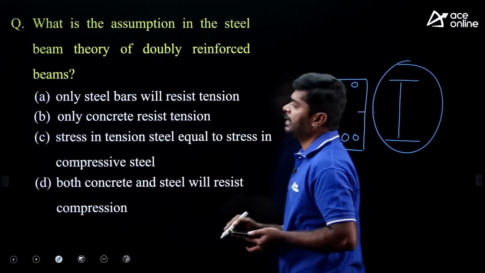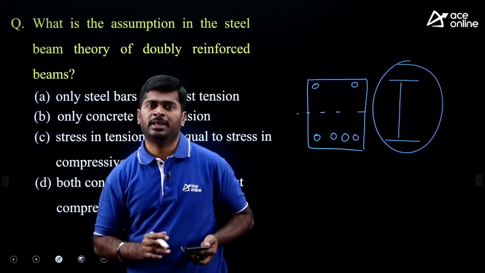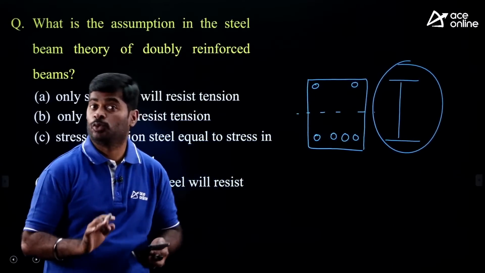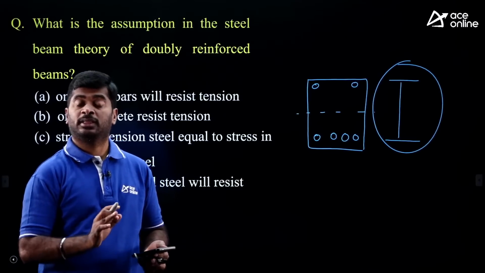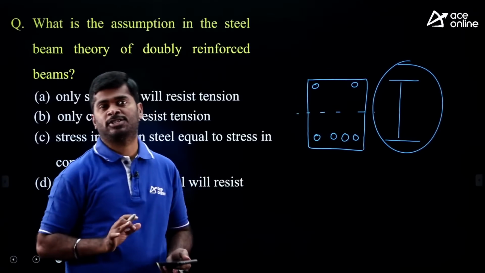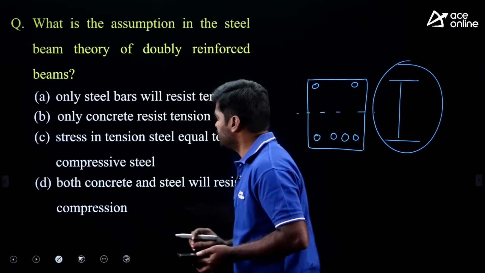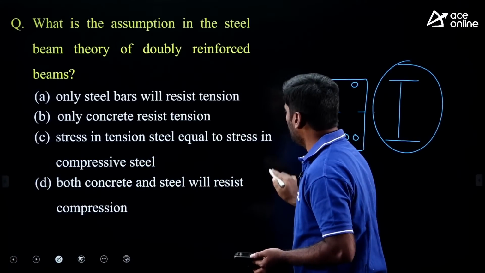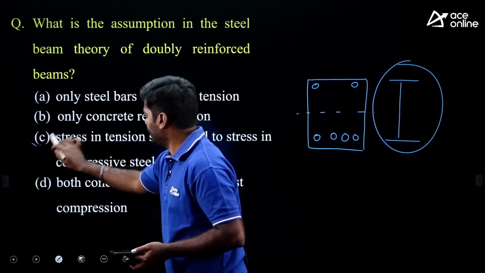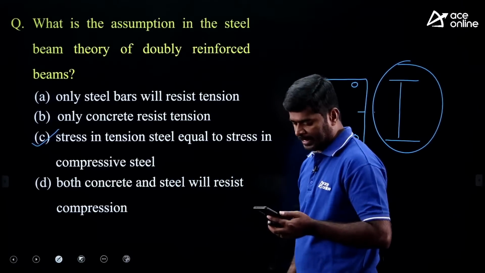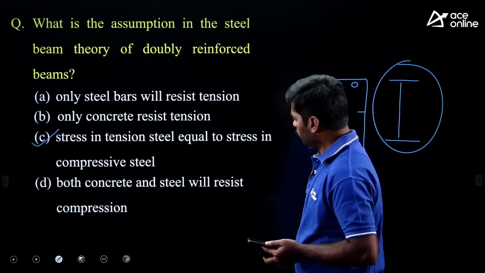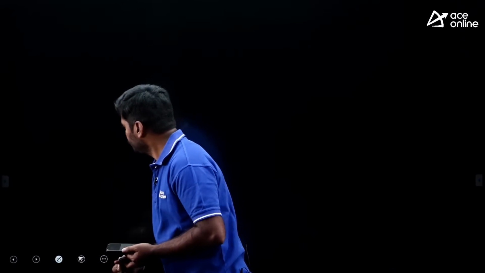Overall, it will act like a steel beam. According to steel beam theory, the only assumption, my dear, is that the stress developed in tension steel must be equal to the stress developed in compression steel. Option C is correct. Then move to the next question.